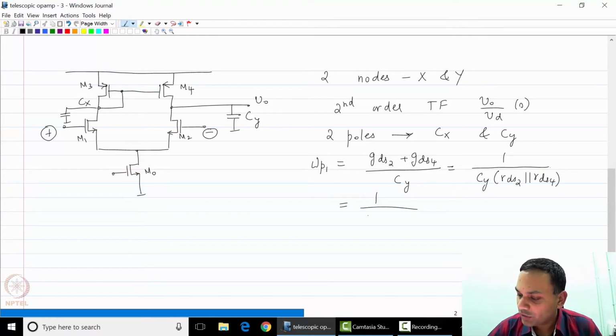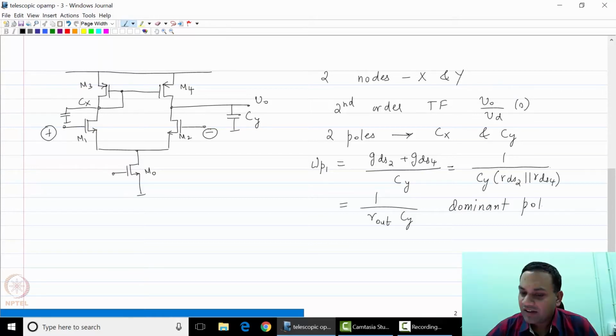In other words, it is 1 over Rout times Cy. It was the dominant pole because Rout was extremely large, and it was also assumed that the load capacitance was large enough so that the combination of these two made this the dominant pole.